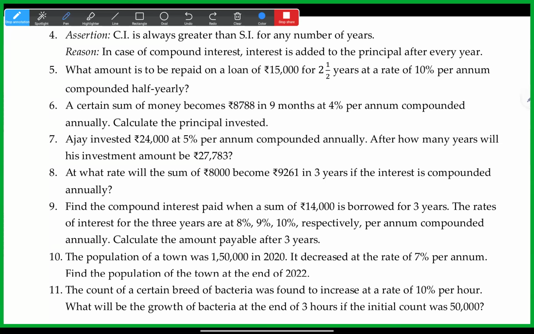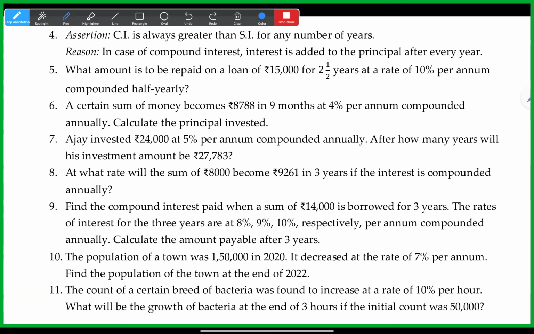CI is always greater, they said. CI is equal to SI for the first year, and from the next year onwards, CI will always be greater than simple interest. Actually, that is more plain. That should be given there, instead of CI is always greater than SI for any number of years. According to me, Ashwar, a little clarity is required in the statement.